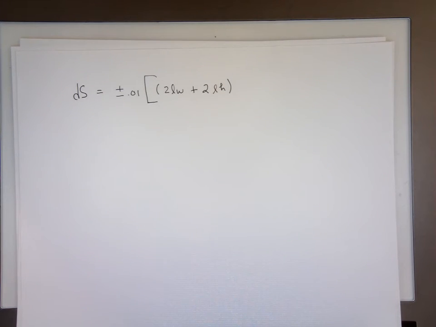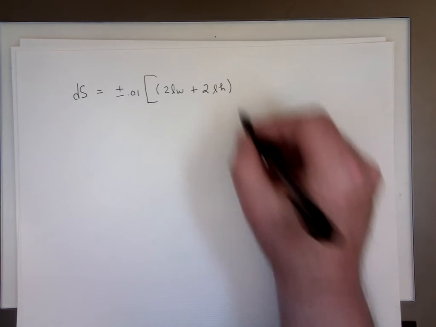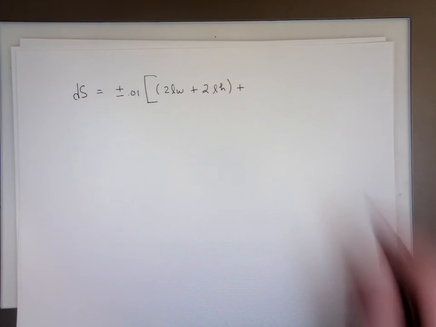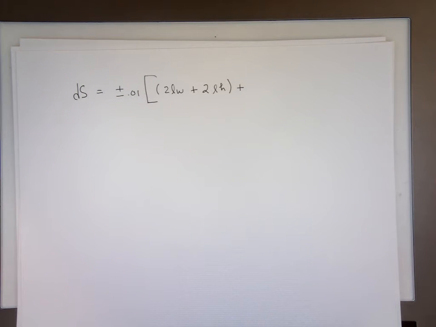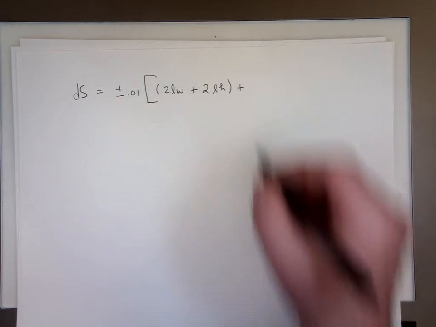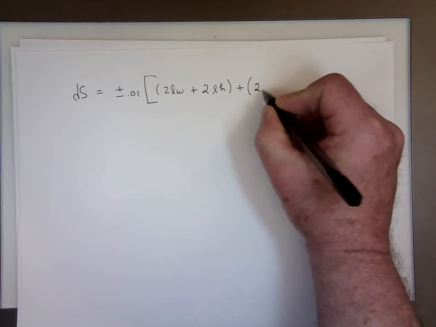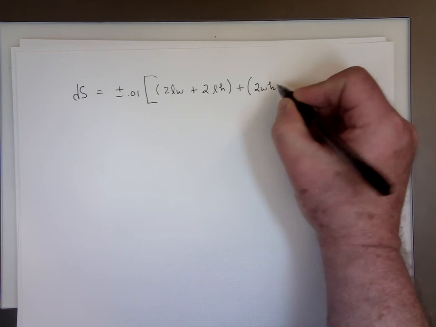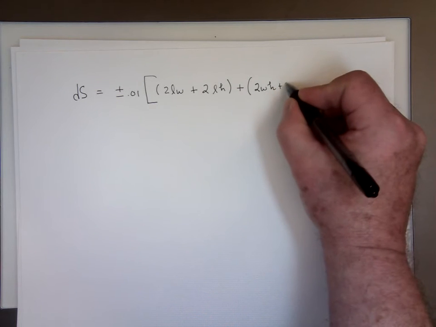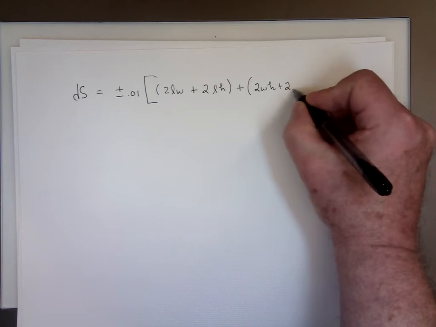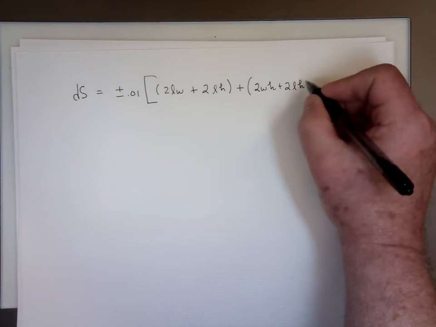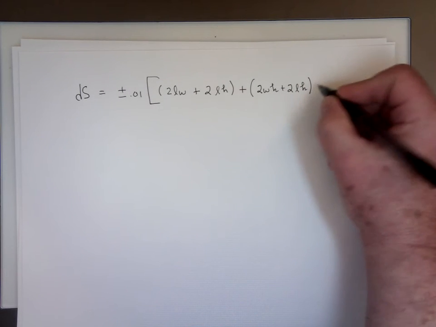Multiply through by the L. Plus, in the second one, I took the 0.01 out front, and now I'm going to multiply each of those by H. And I'm going to get a 2WH plus a 2LH, plus.